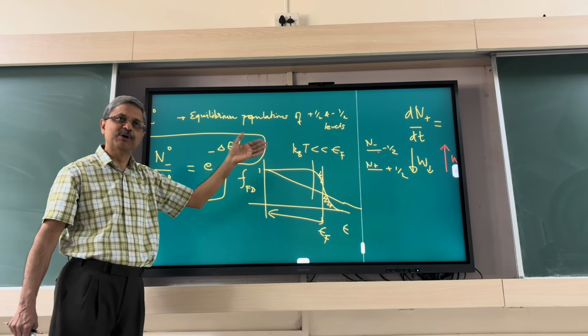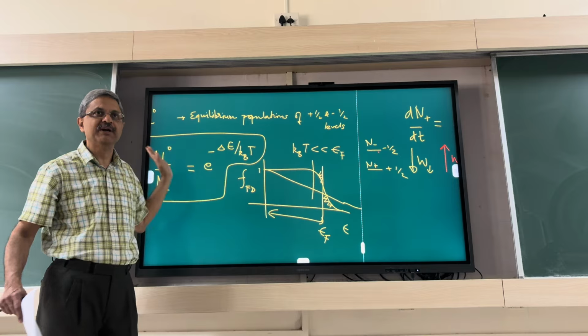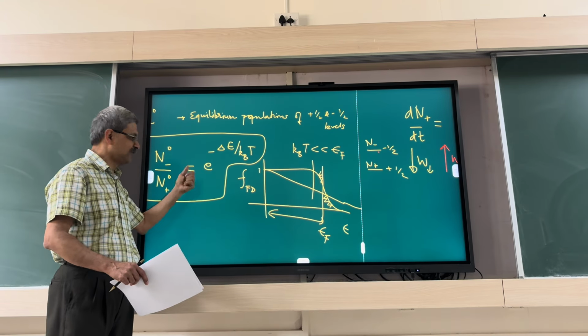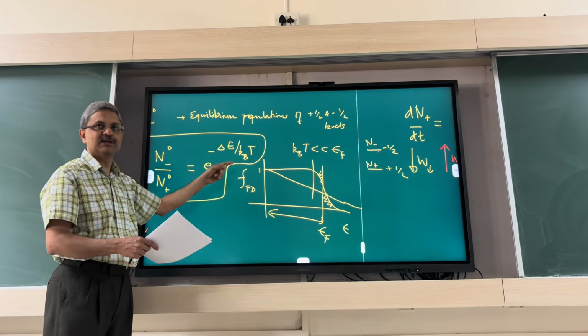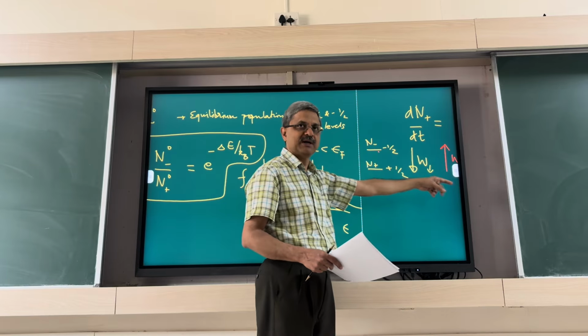If W up is equal to W down, then in equilibrium this ratio is 1, as we did earlier. But we know that in equilibrium, the ratio has to be not 1, but exponential of minus delta E by kT. So now we'll work back and find out what W up by W down should be.